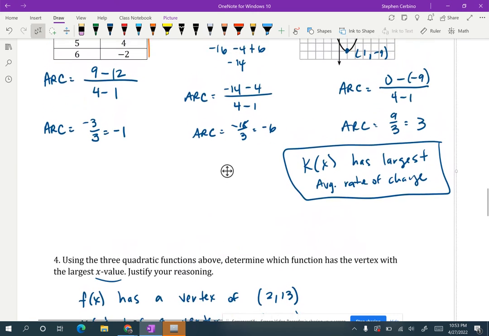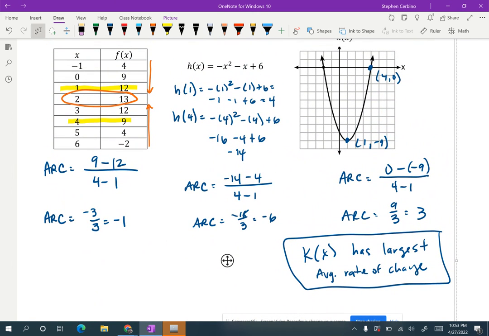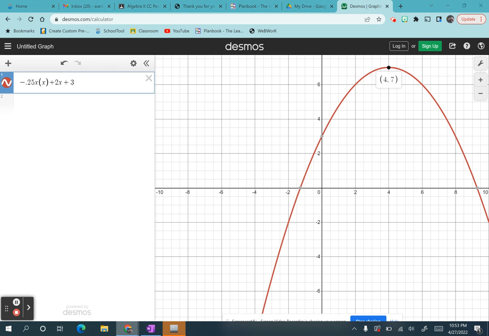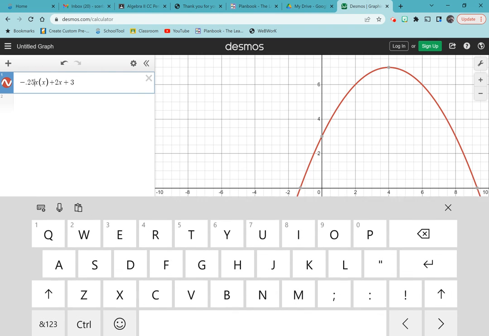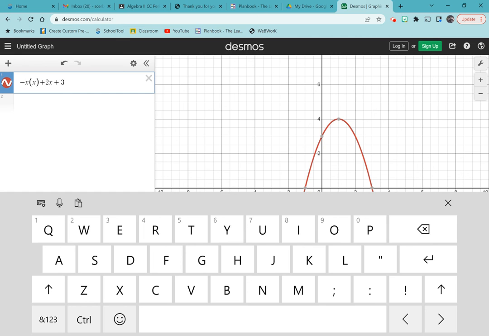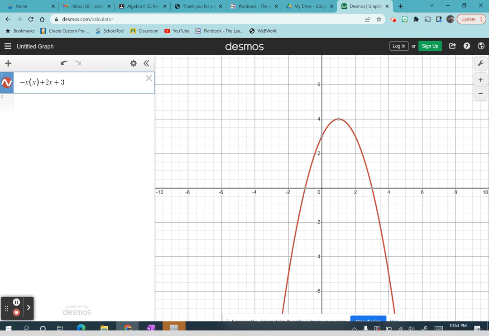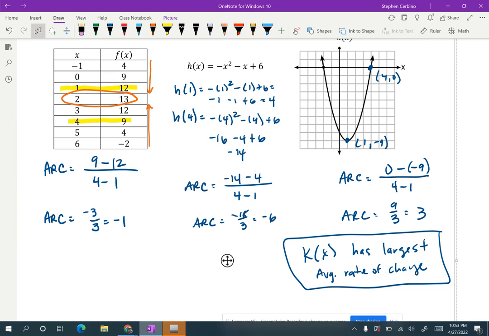For the equation, we got to graph that one. So let's go back to Desmos. Let's have that adventure here again. So we have negative x squared. I'm just going to leave my x times x in there. And minus x plus 6.